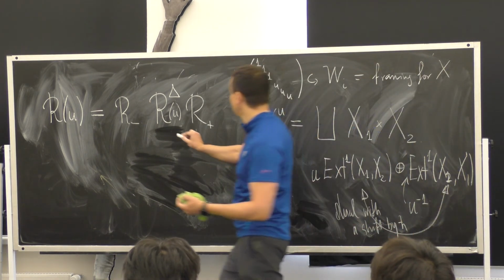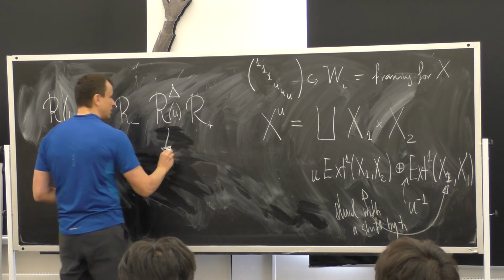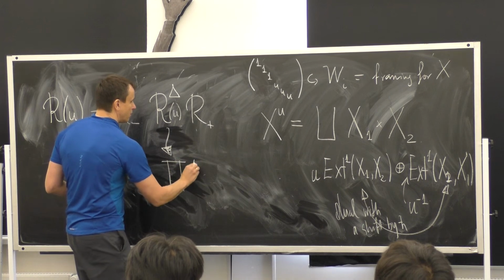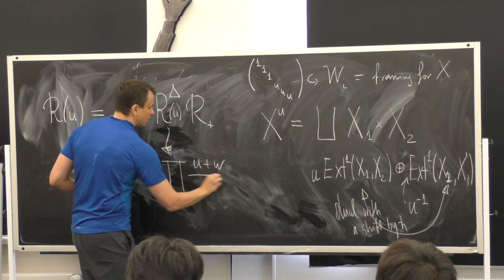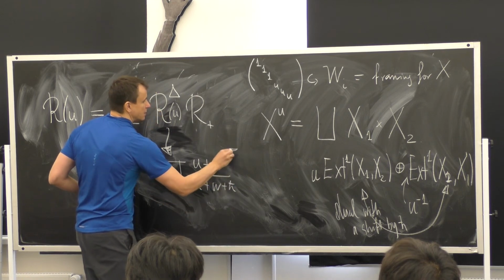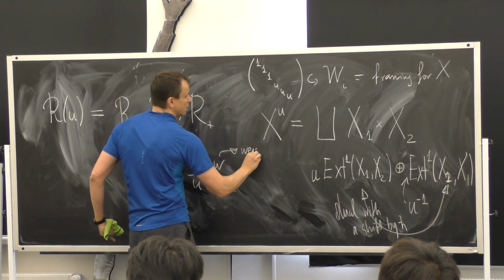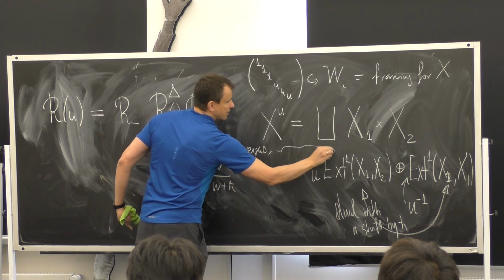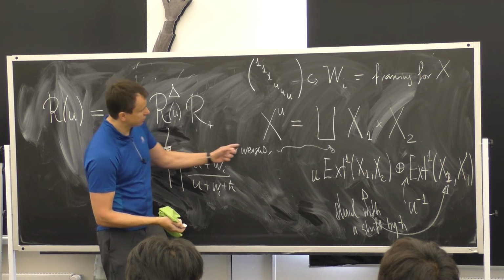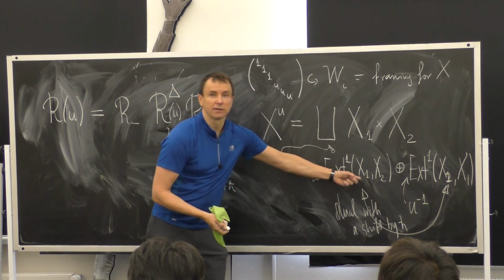And so this will be an operator of the form a product over U plus w over U plus w minus h bar, where these w are the weights, the Chern roots of this bundle here.